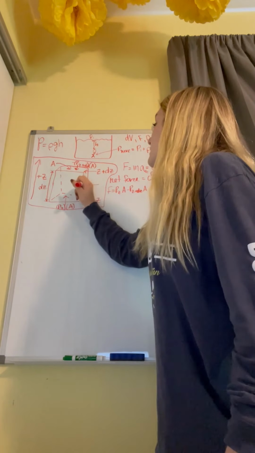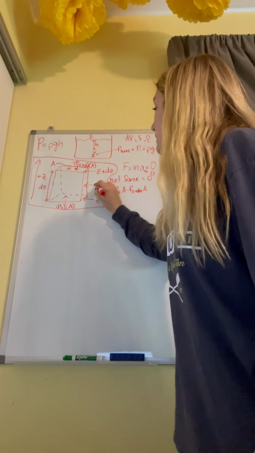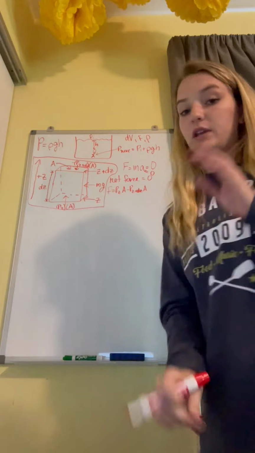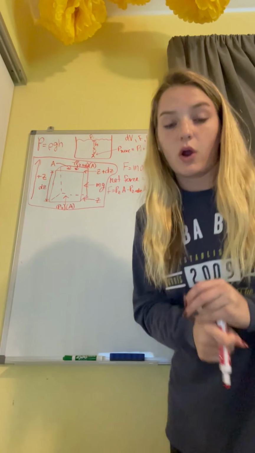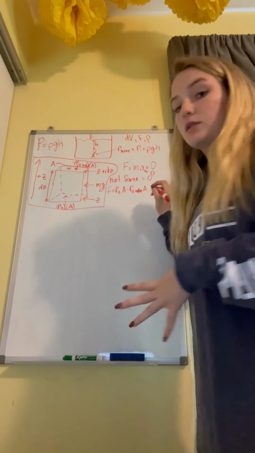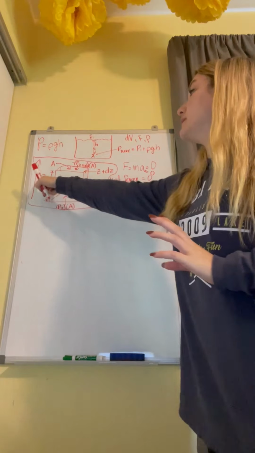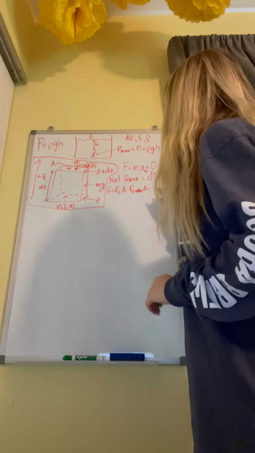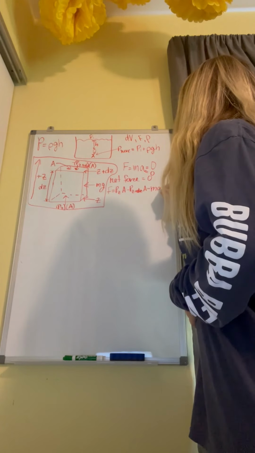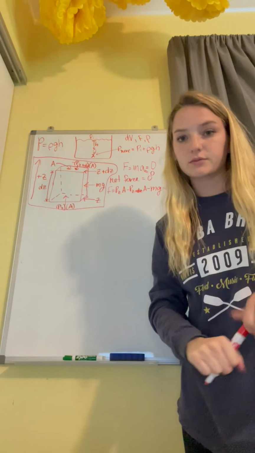So gravity is going to come in this way, and that force is going to be the mass times gravity. So we need to add that into our equation, since that is a force acting on our cube, and it is going to contradict this z direction, so it's going to be subtracted. So we're going to subtract mg, and all of this has to be equal to 0.